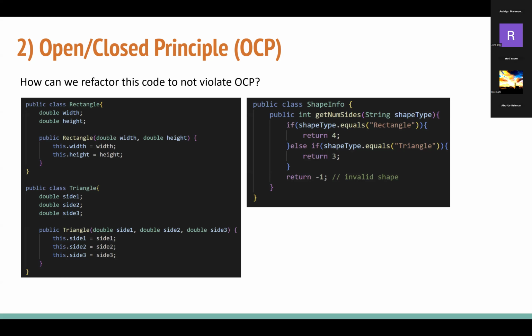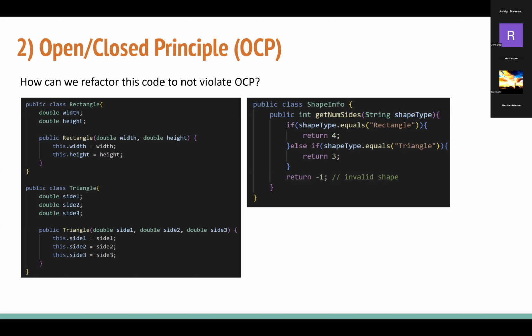Now how can we refactor this code to not violate OCP? Any ideas for this? Yes. What a person said is that you can create a new interface or abstract class called Shape and have each shape extend from it. That's essentially the solution.